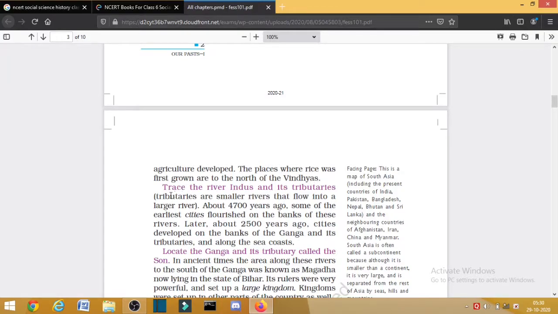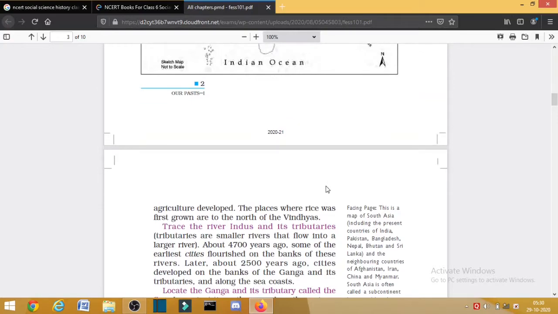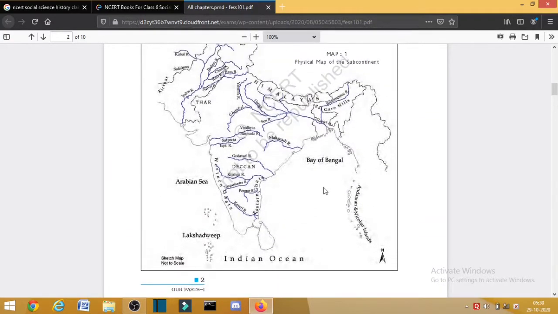Children, underline this and try to keep it in mind. The places where rice was first grown are to the north of the Vindhyas. Rice growing started from here. Trace the river Indus and its tributaries. River Indus. See here again on page number 2.